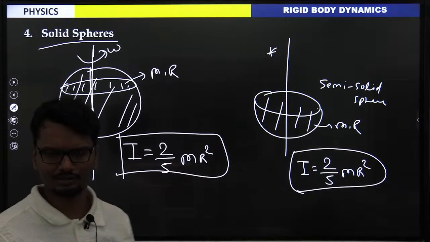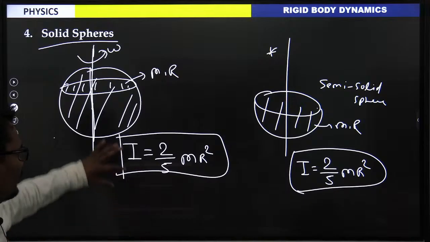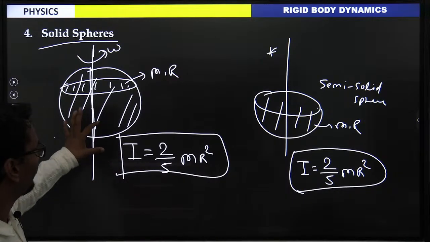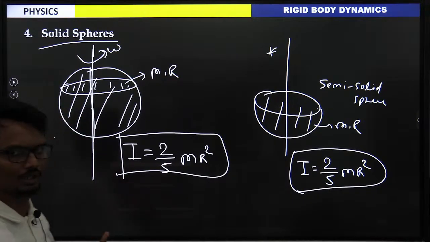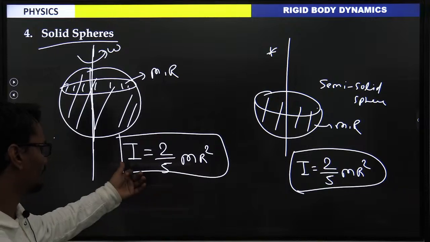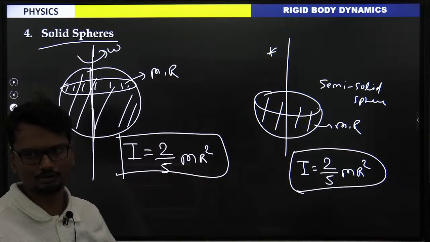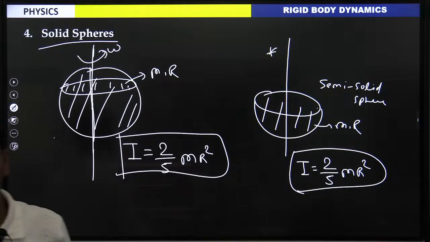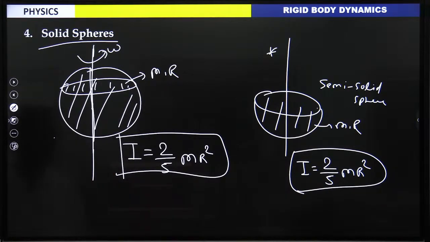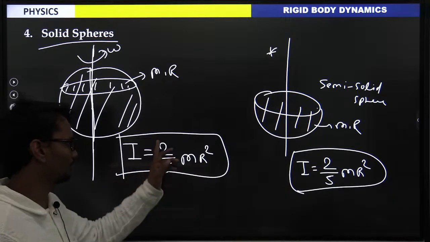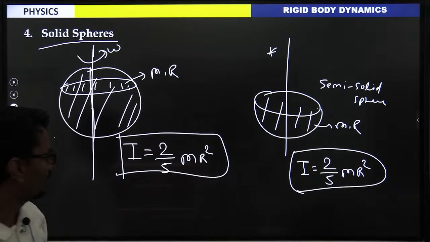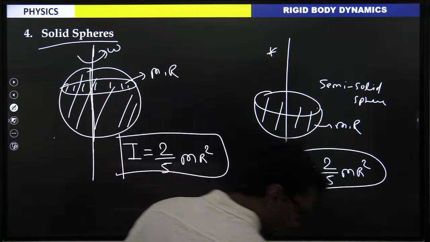You can try, or you have no need to know how to find it, but you should remember the moment of inertia of the solid sphere, I is equal to 2 by 5 mr square, because this result is directly used in the question. Clear?